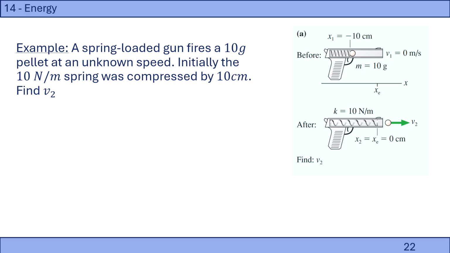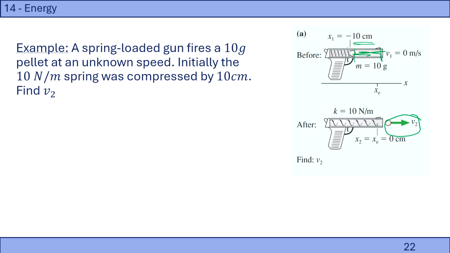So we have a little spring-loaded gun, a lot like one of our earlier labs, and it has a 10-gram pellet that it fires at an unknown speed. So we don't know what speed this is, but initially the spring was compressed by 10 centimeters, in a 10 newton per meter spring.